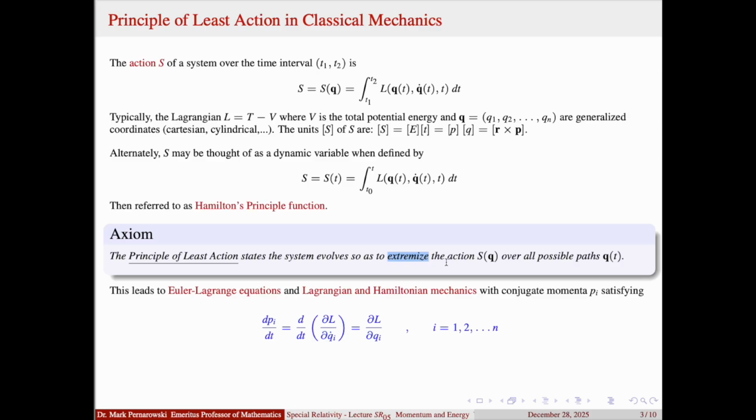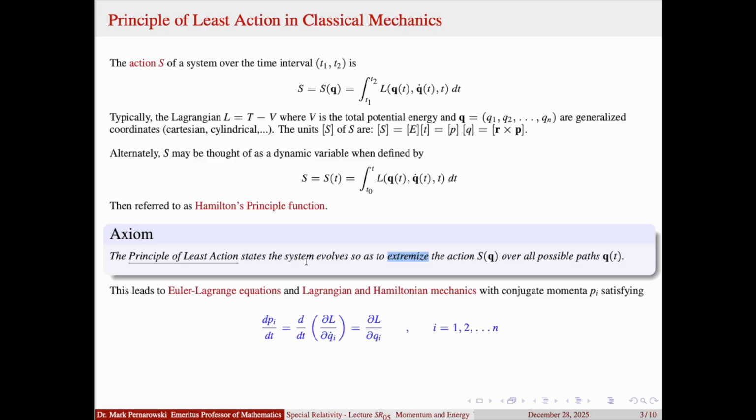So it could evolve to extremize the action over all possible paths. So what nature does is it tries to optimize this integral S, called the action. And if you've seen derivations of this before, this principle leads to the following question.